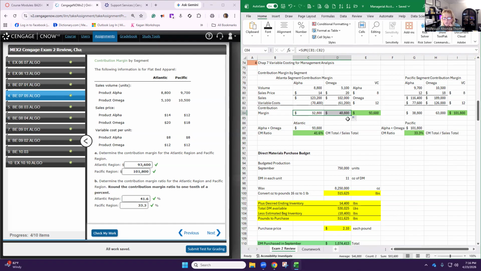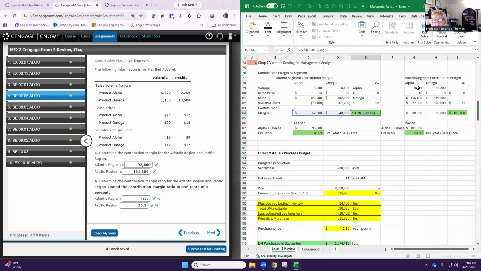So here's our contribution margin, but we need to put in a total contribution margin. So we have a contribution margin for Alpha and a contribution margin for Omega for the Atlanta segment. And that is your first number. Now over here, I'm going to do the same thing.